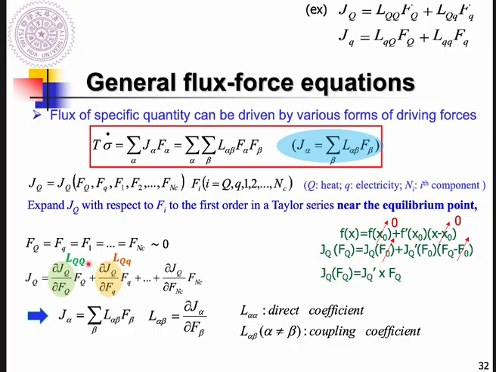Based on this definition, we know that L capital Q capital Q means that when you act with 1 unit of F capital Q, the contribution, the change in heat flux, we call L capital Q capital Q. And L capital Q small q means that when you apply 1 unit of F small q, which is the electrical potential gradient, the change in heat flux, we call L capital Q small q.